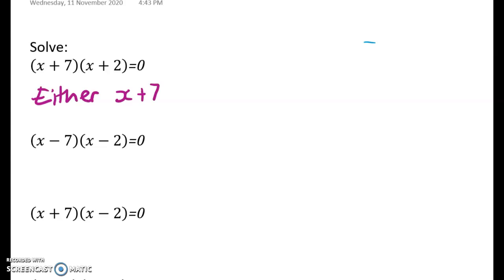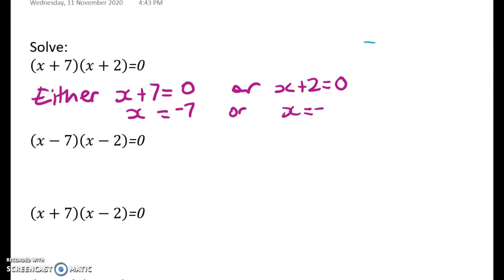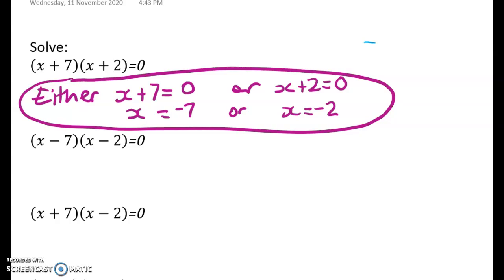And if we write it out like this, when we get to do more complicated problems, it gets really easy to follow the same logic. So either x plus 7 is equal to 0, x is equal to negative 7, or x is equal to negative 2. We don't have to write all of this out as long as we understand the logic.